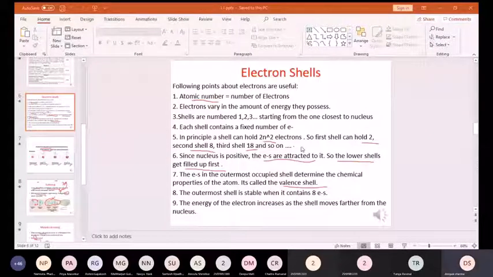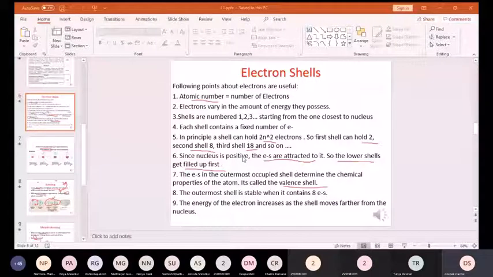Then the nucleus is positive. Why? Because there are protons, and neutrons are neutral. Hence the nucleus as a whole is positive, and all the electrons, which are negatively charged, are attracted towards the nucleus.